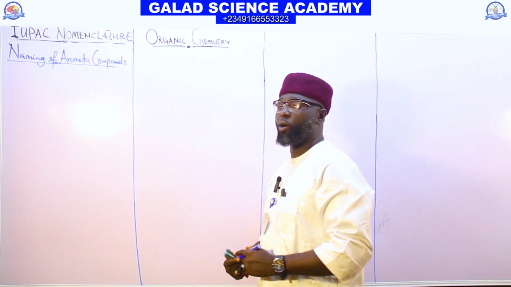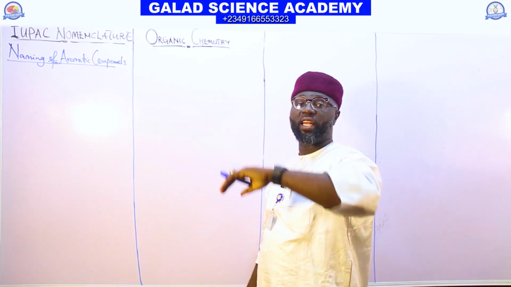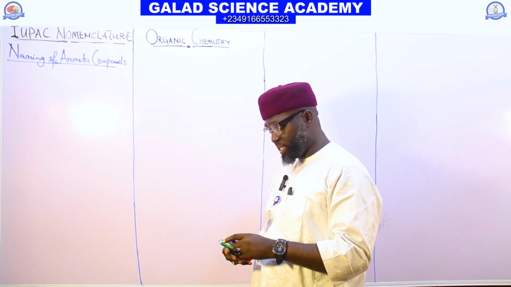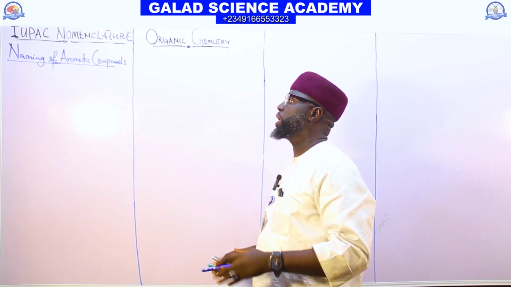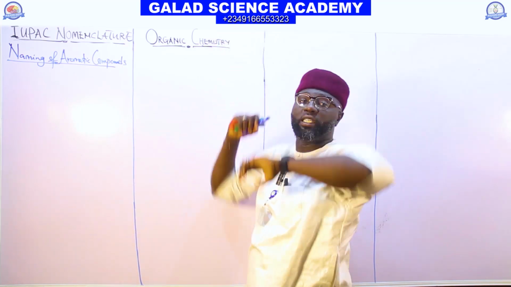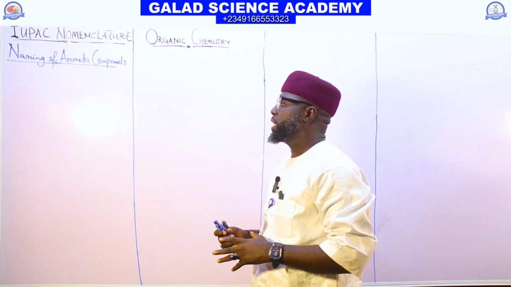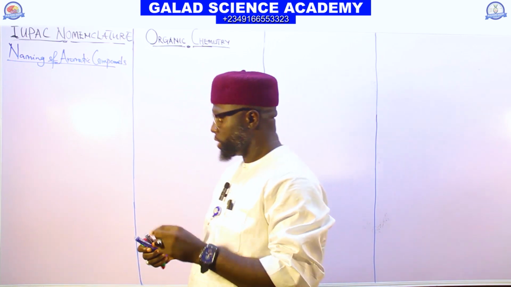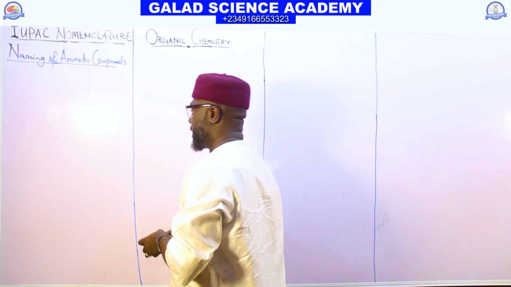If you are talking about aromatic compounds under the classification of organic compounds, they simply stand for benzene. So here we are going to look at the naming of benzene, and it can be broadly grouped into two. So let me start from here.